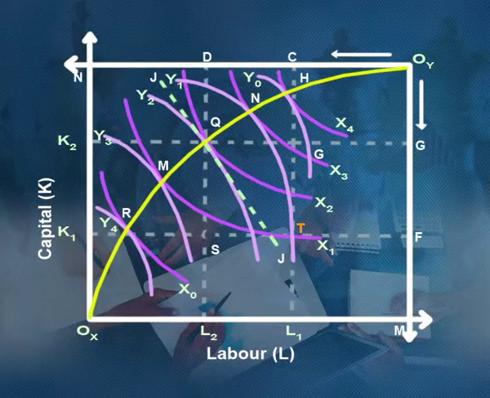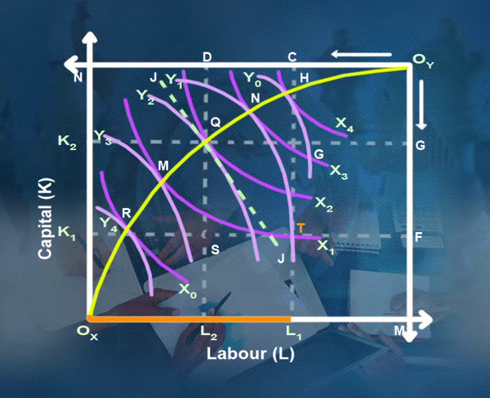Various points in the box represent alternative allocations of factors between the two goods. For example, point T in the box shows that OXL1 or K1T amount of labor and OXK1 or we can say L1T amount of capital are allocated to produce X, and the remaining amount of labor TF and the remaining amount of capital TC are allocated to produce good Y.